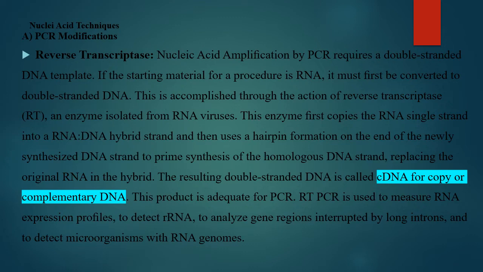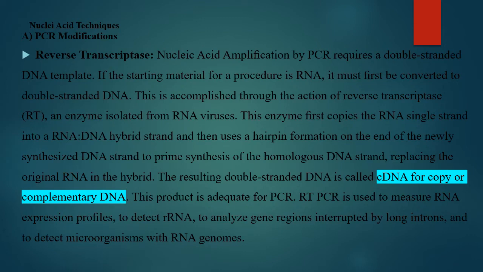So the RNA portion is replaced by another DNA strand. The resulting double-stranded DNA is called cDNA, that is copy DNA or complementary DNA. So the new DNA strand, which originally was an RNA, has been replaced, is the copy DNA strand.